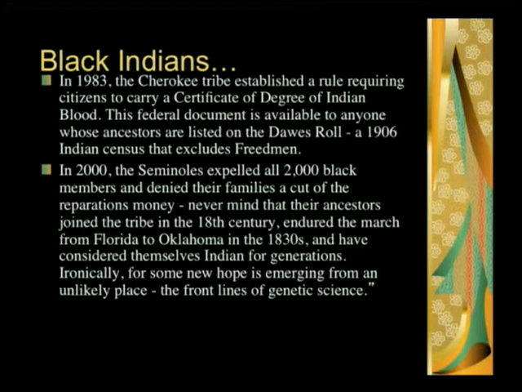In 2000, the Seminoles expelled all 2,000 black members and denied their families a cut of the reparations money from slavery, never mind that their ancestors joined the tribe in the 18th century, endured the march from Florida to Oklahoma, and have considered themselves Indians for generations. So ironically, some new hope is emerging from an unlikely place, the front lines of genetic science, in which, oh, are we Indians because 23andMe tells me I am? Yes, that will be interesting.